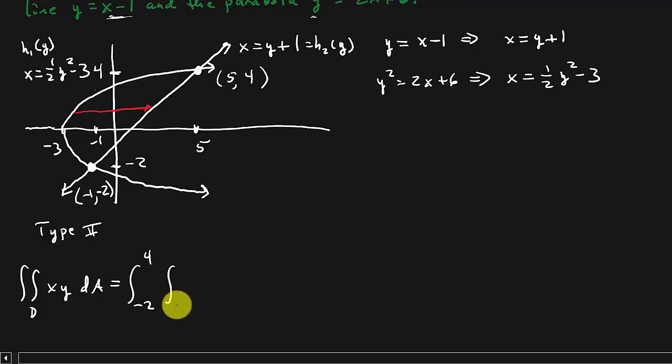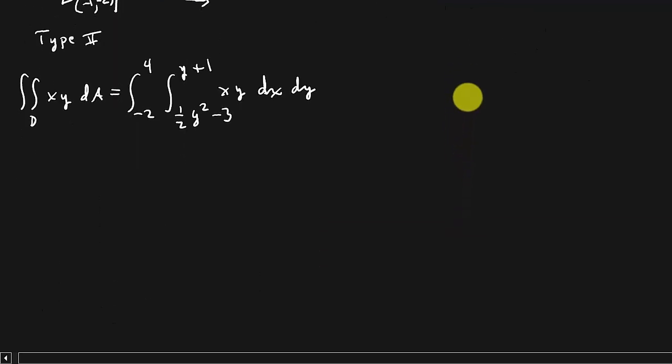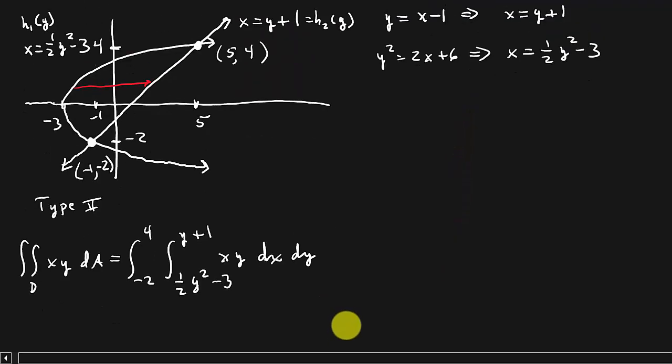So h1 of y is 1/2 y squared minus 3, and h2 is y plus 1, and that's xy dx dy.